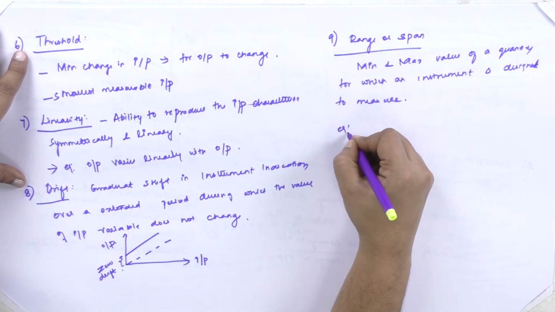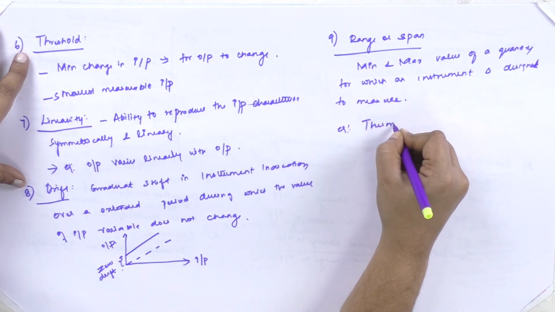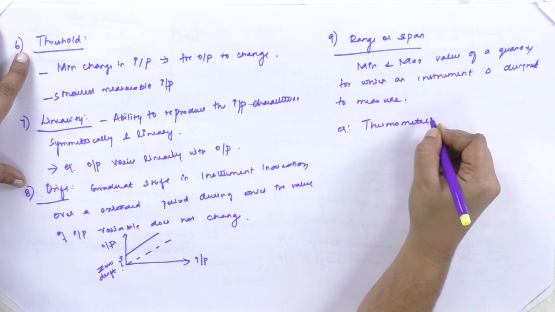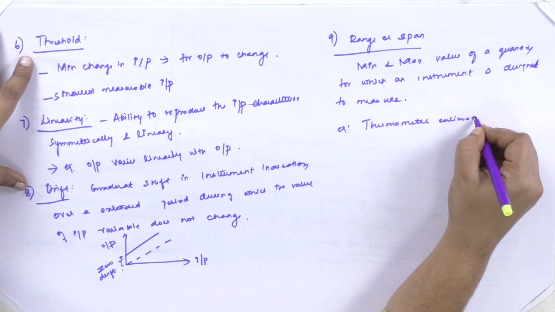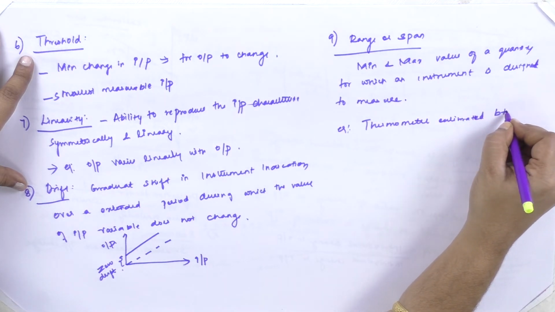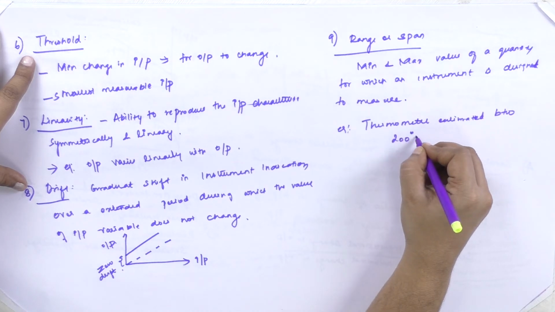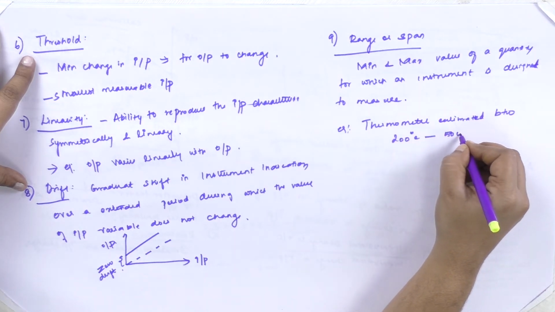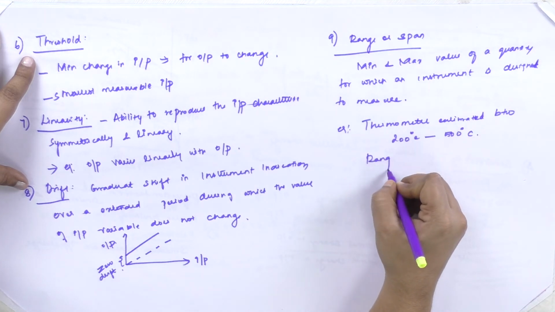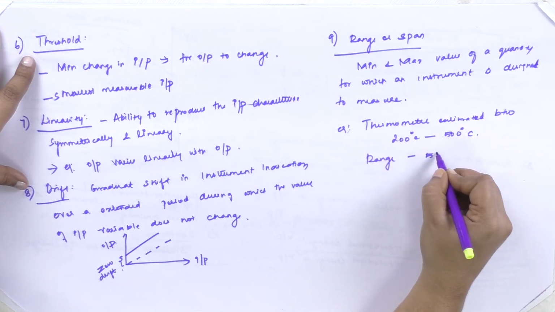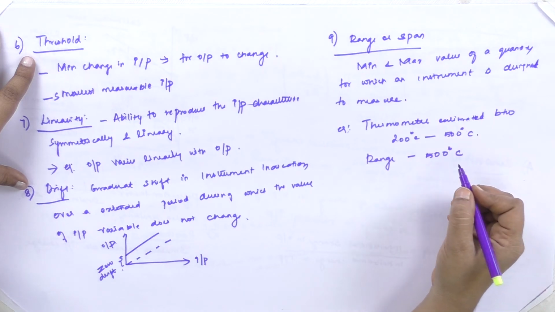For example, if you take a thermometer reading, the thermometer is calibrated between 200 degrees Celsius to 500 degrees Celsius. So, the range of the thermometer will be the maximum value, which is 500 degrees Celsius.